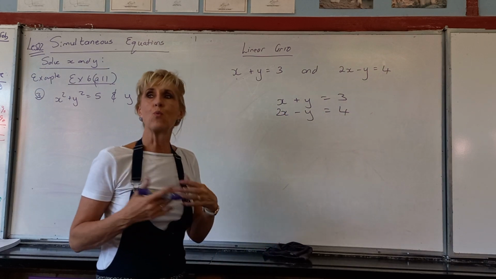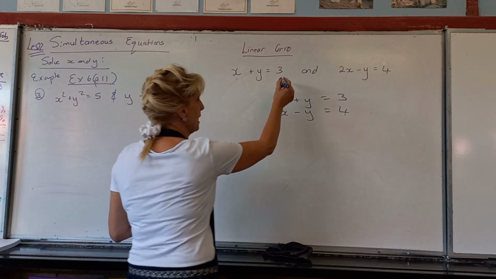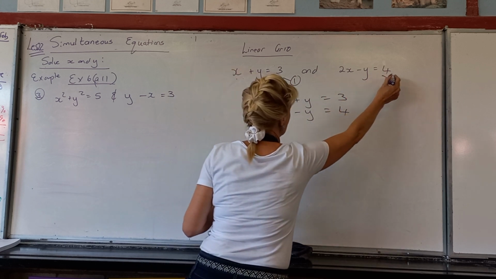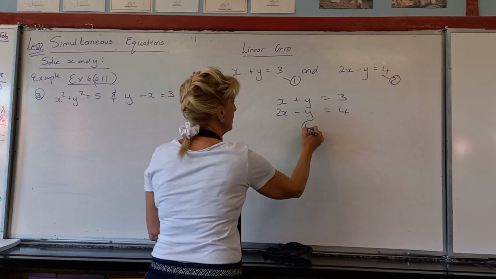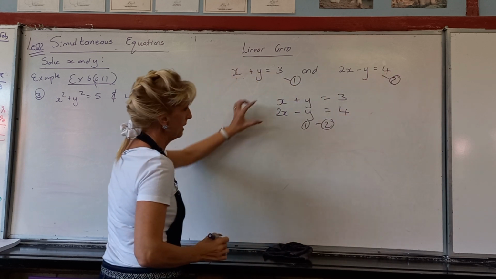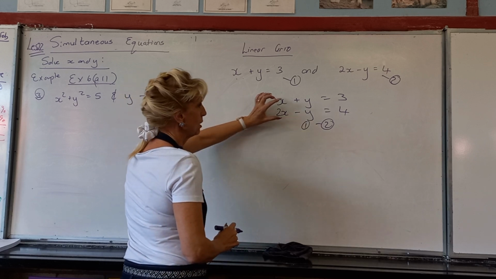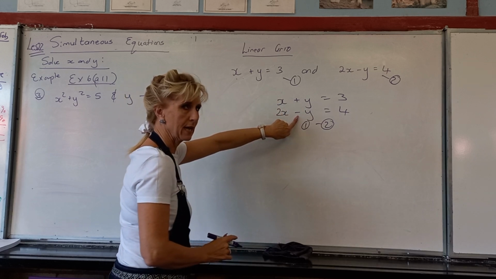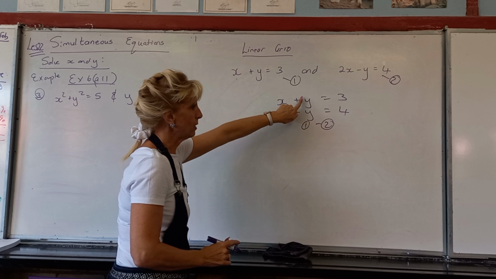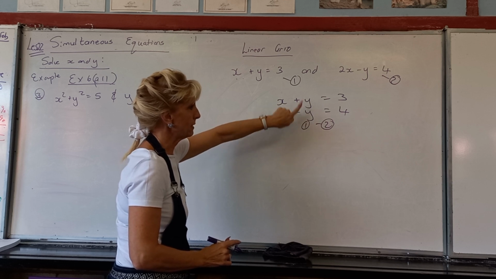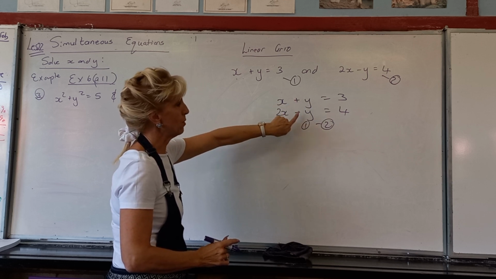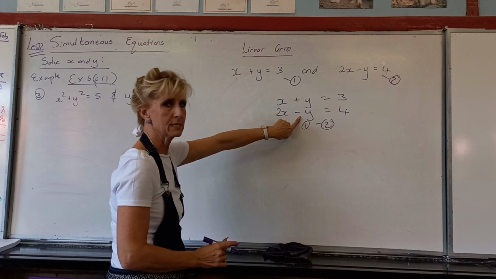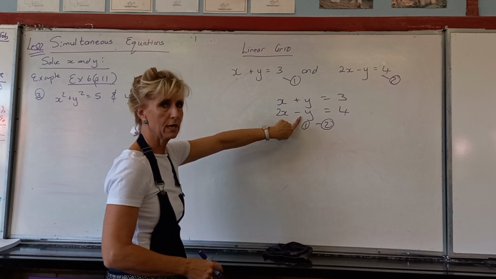So elimination was an option to say, let's take 1 and 2, and what are we going to do with it? We're going to subtract them. Well, no, sorry, we're going to add them. Because if I subtract them, the y is not going to cancel out. If you subtract them, it's going to be plus y plus another y, because minus a minus is a plus, and then it's not eliminated.